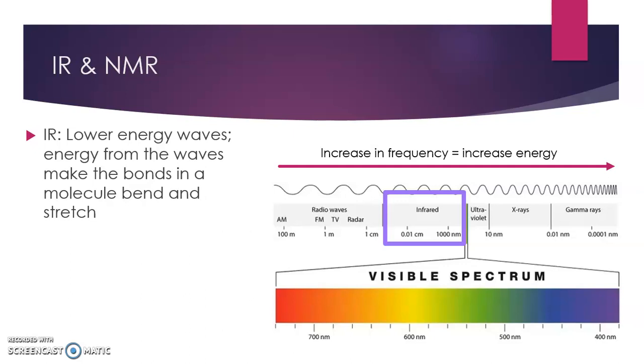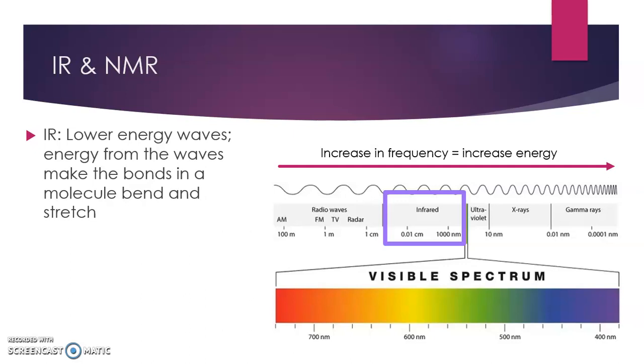Different amounts of energy will make different kinds of bonds bend or stretch. We're not really breaking the bonds; the energy is not high enough to break them. We're just making the bonds bend and stretch, and that bending and stretching will consume energy.